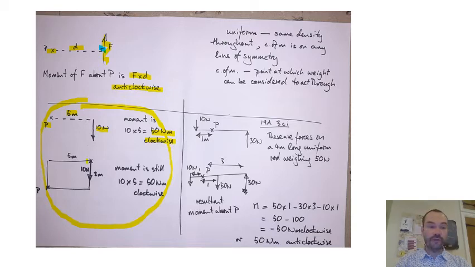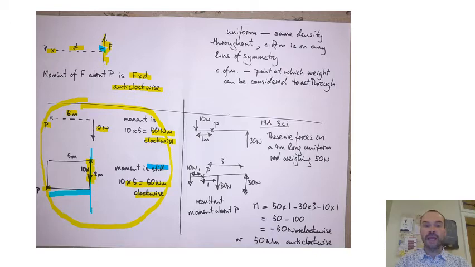So if you've got the force acting up here at that corner, down that edge, and you've got the pivot there, because the line of action is straight down there, and because that distance is still 5, the moment is still 10 times 5 newton meters clockwise.